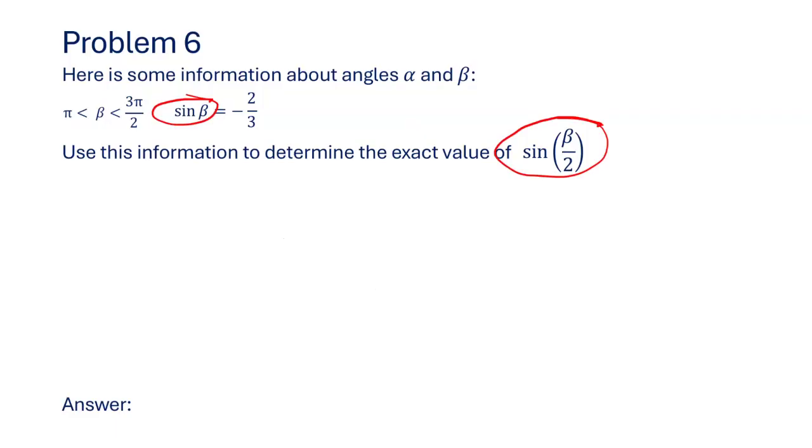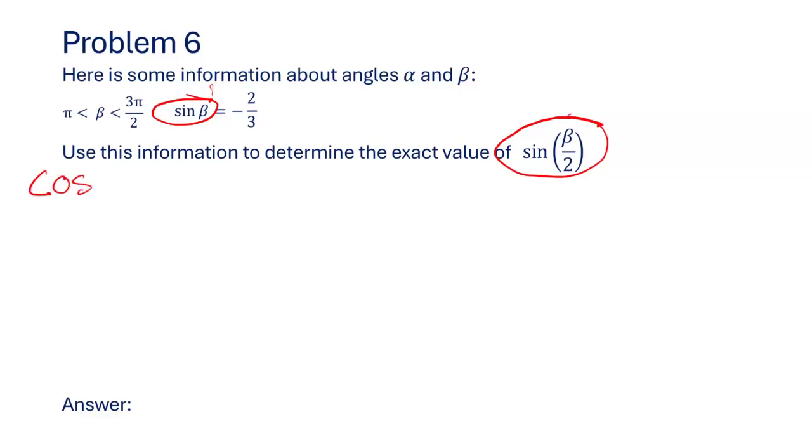Because beta is double beta over 2, we can use our double angle identities. So I'm actually going to use the cosine identity here, one that says cosine of 2 theta equals 1 minus 2 sine squared of theta.